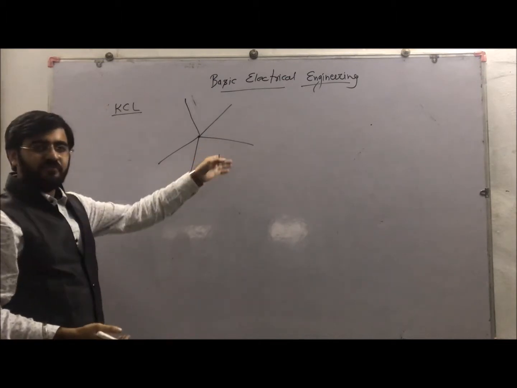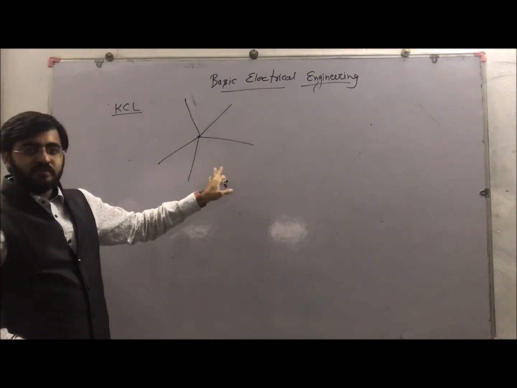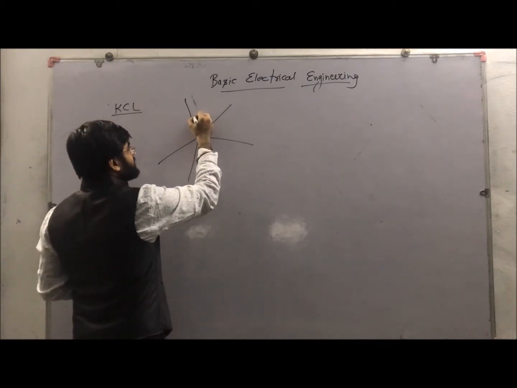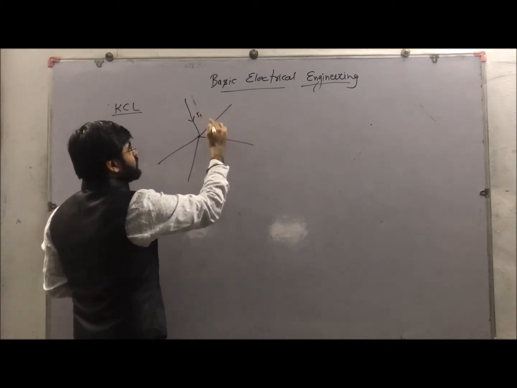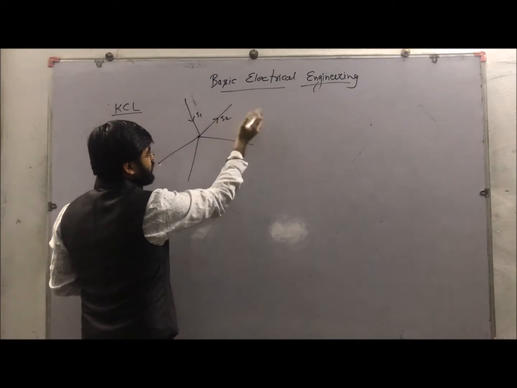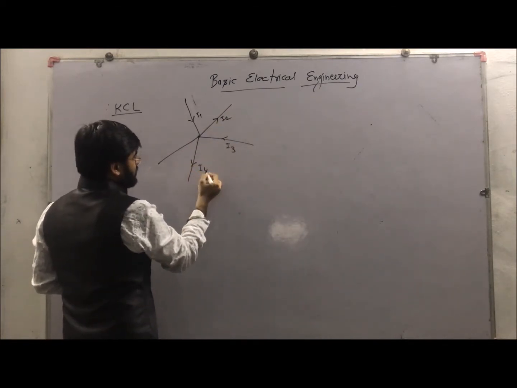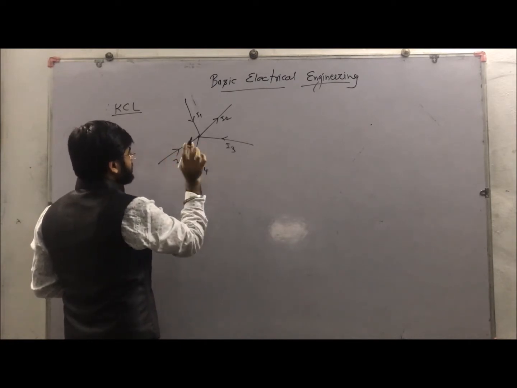Let me take 5 wires or lines coming towards or going out from the node, and the current directions are that I1 is coming towards, I2 going away, I3 coming towards, I4 going away, I5 coming towards.